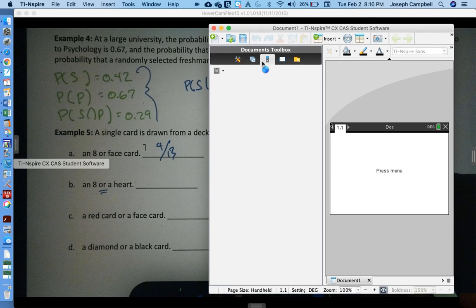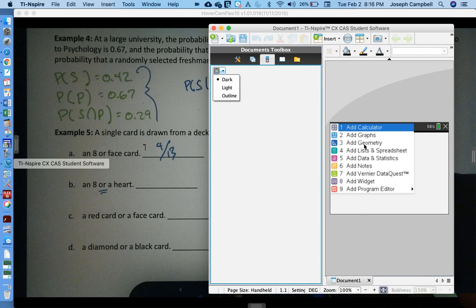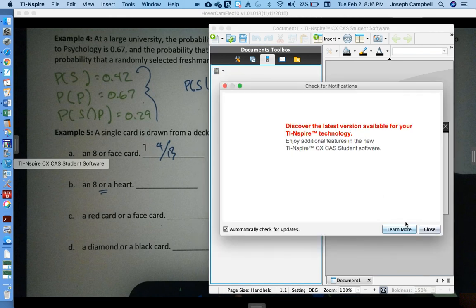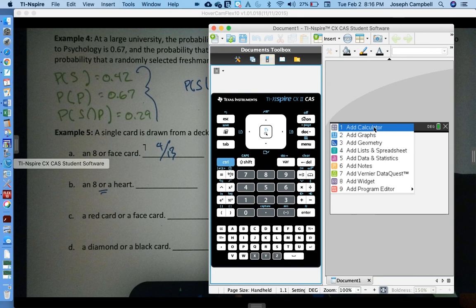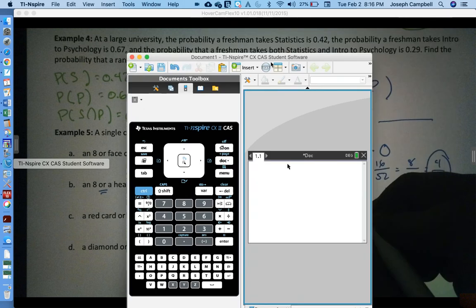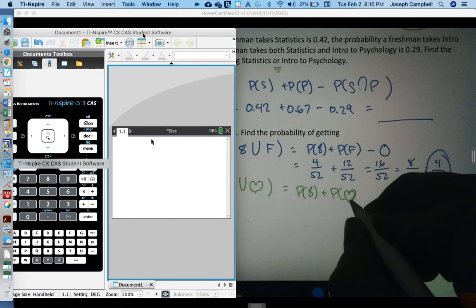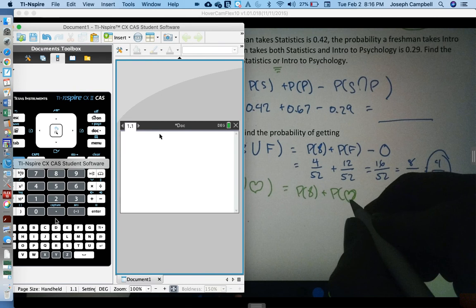All right, this is a little bit too serious. There we go. So this will just help us get the answer from earlier. 0.42 plus 0.67 minus 0.29. Okay, that gives us 0.8.